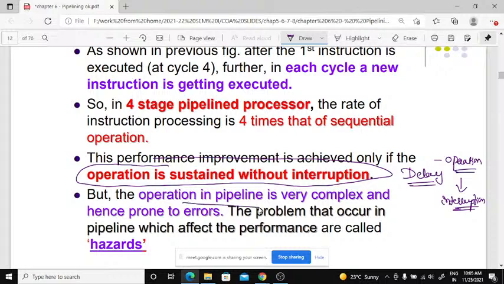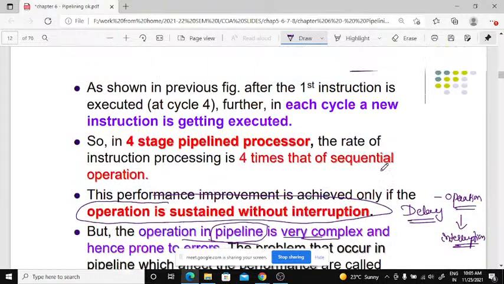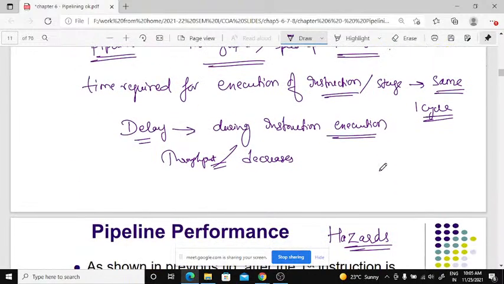But the operation in the pipeline is very complex and hence prone to errors. Like yesterday we discussed, suppose there are 4 stages, then the second instruction starts and at a time the parallel operation will be performed.